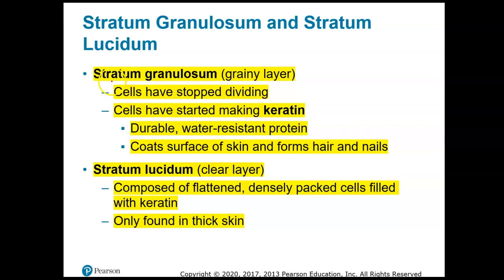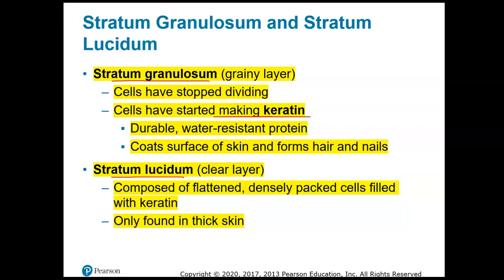Then we have the stratum granulosum, or grainy layer, because it looks grainy under the microscope. These cells do not divide anymore. They have stopped dividing, and they've started making the protein keratin. In the thick skin, the next superficial layer is the stratum lucidum.